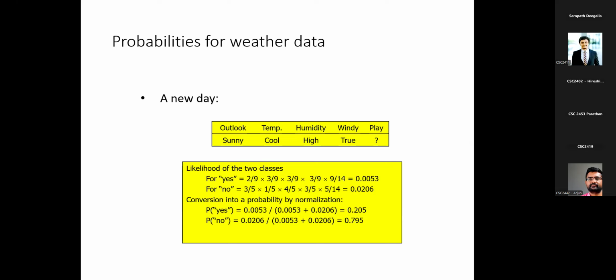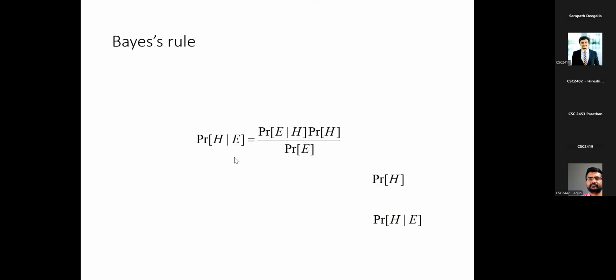Now, if I go to the mathematical basis, this is based on Bayes rule. In Bayes rule, given the evidence, that means given the attribute values, we need to identify the classification being yes or no. The hypothesis is what we need to identify.